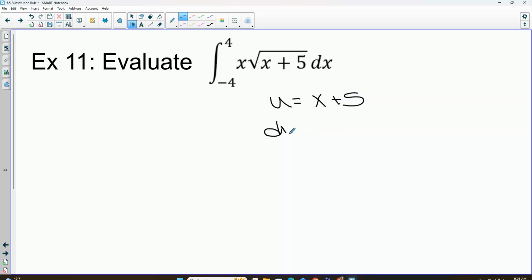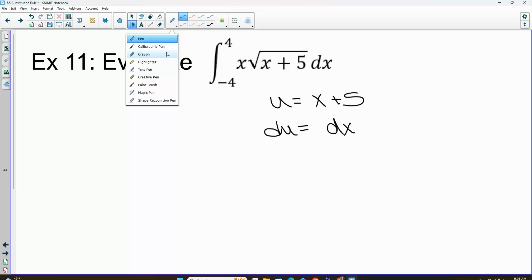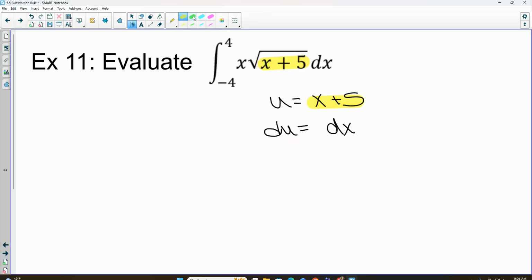Du, what is the derivative of x plus 5? 1, so just 1 dx or dx. Okay. I've taken care of the x plus 5, and I've taken care of the dx.